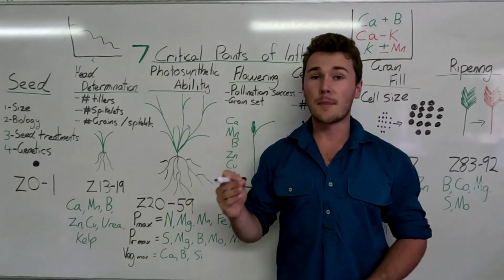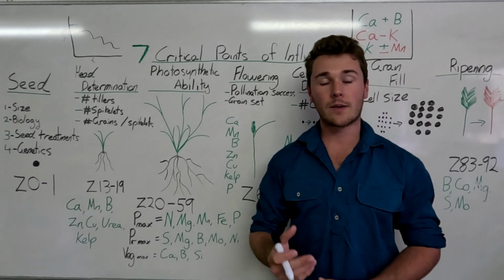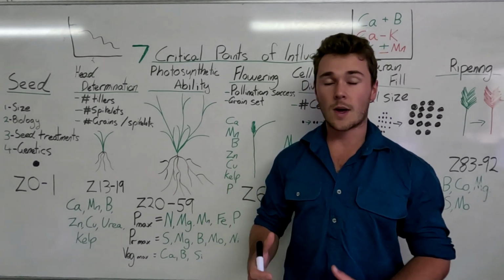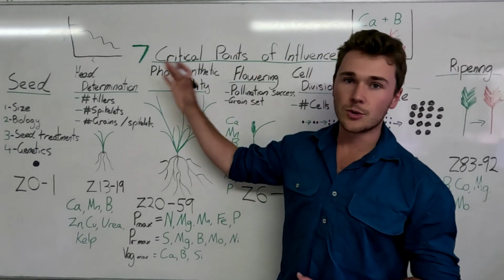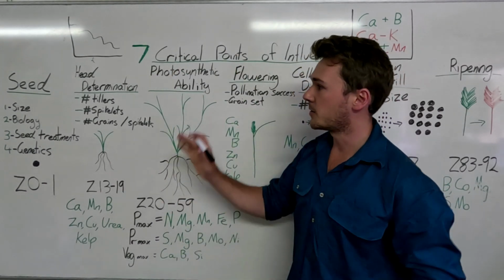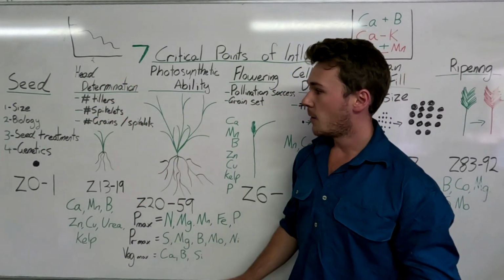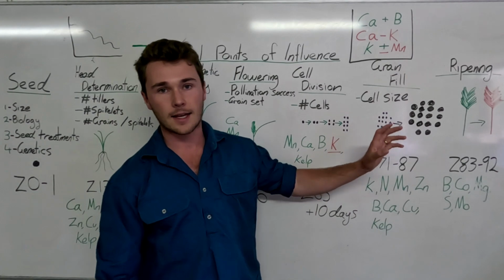So yield is not made, but simply lost. Whenever we're not applying the correct nutrition or water to our crop, we are losing yield. That's super important, because the things that start down here at the start of our wheat's life will ultimately affect us down here at harvest.